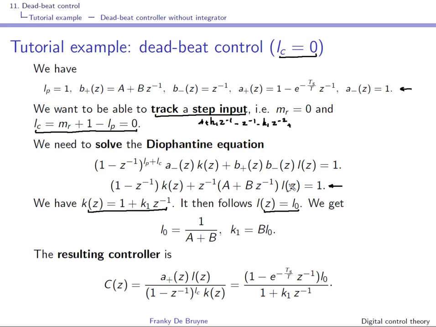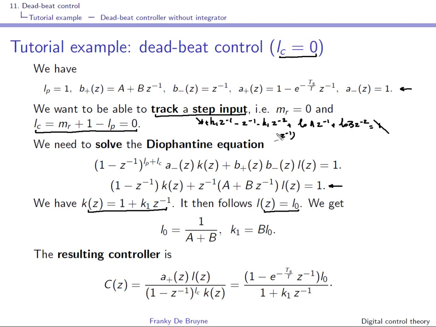Plus, this one is L0, so plus L0 A Z minus 1 plus L0 B Z minus 2 is equal to 1. So this one will disappear, and we can now have a look at the equations.